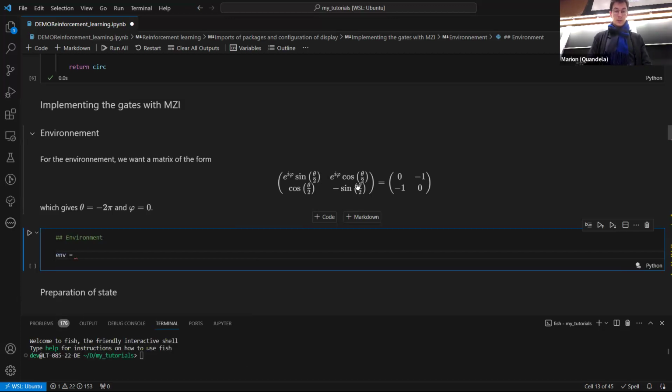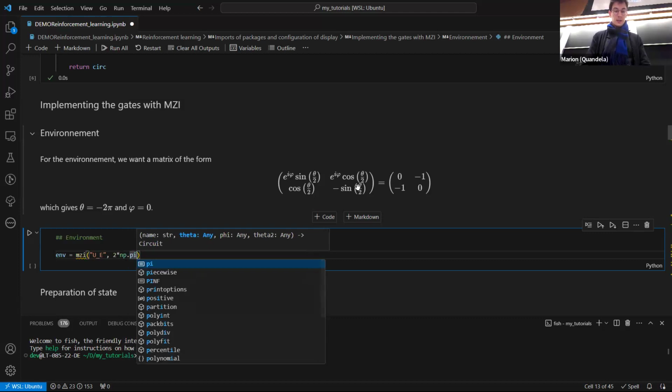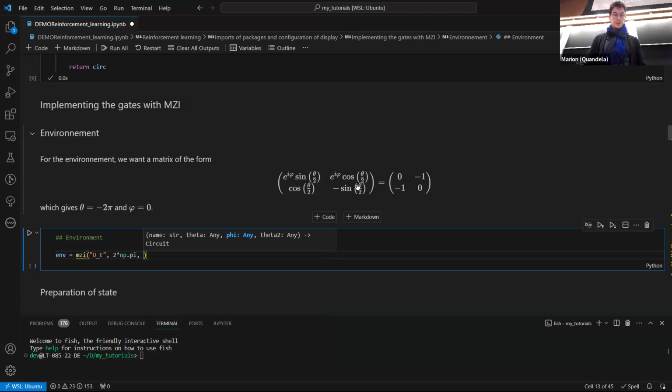So the environment is going to be an MZI that we are going to call UE, for environment, same as in the paper. The first element is theta, so it's going to be 2 pi. The second one is phi, which is going to be 0.